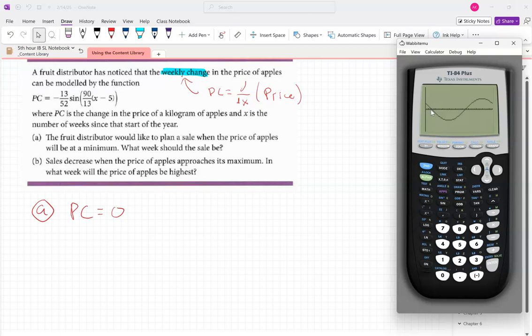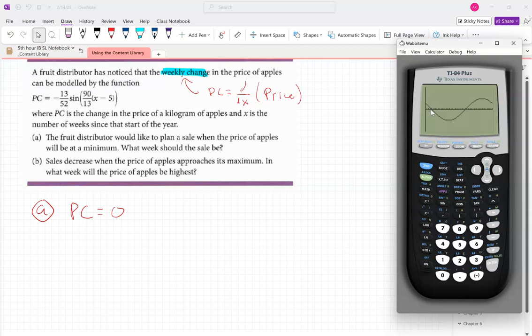It's because prior to that, the derivative is positive. After that, the derivative is negative, because the graph is above the x-axis prior to that 0 and below the x-axis afterwards. And then likewise, the 0 on the right is going to be a minimum, because prior to that 0, the derivative is negative, and after that 0, the derivative is positive.